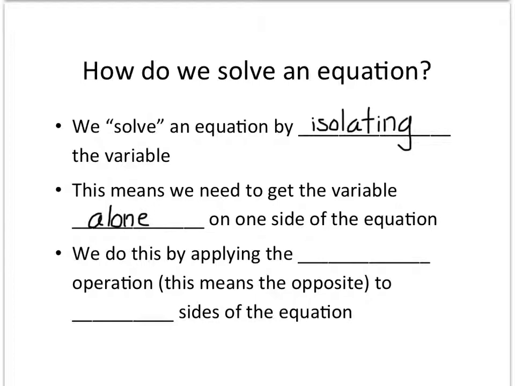And we're going to do this by applying the inverse operation. And we notice that inverse is another word for opposite. So I'm going to underline that word opposite. And we also need to apply this to both. I'm going to put this in capital letters because it's so important. Both sides of the equation. So I can't just apply it to one side. I have to apply it to both sides. And we'll see in action why that's so important.